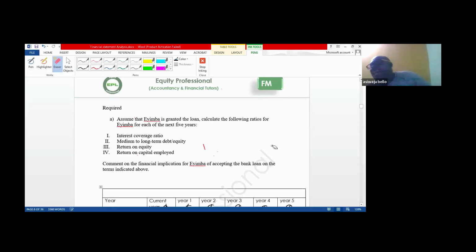Now, assuming you are the accountant, you are the financial manager of AIMBA, and a bank is offering you $100,000 loan with annual interest of 9% and a repayment of $25,000 every year.